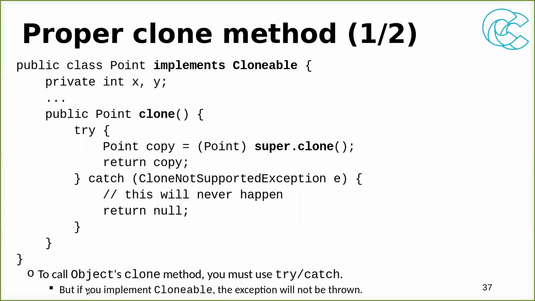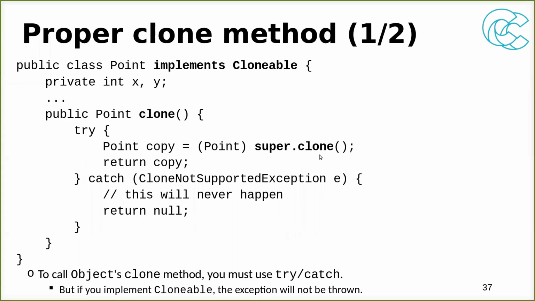So if you are implementing Cloneable, so if you say that Point implements Cloneable, so you are marking the Point class with this Cloneable interface, then this exception will never be thrown. So you will never get a CloneNotSupportedException. But that's the syntax, right?